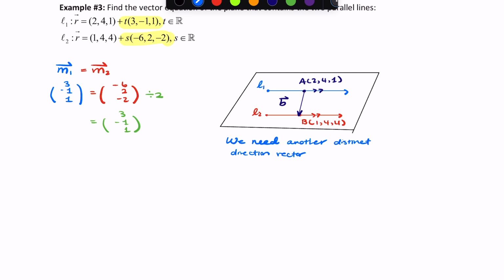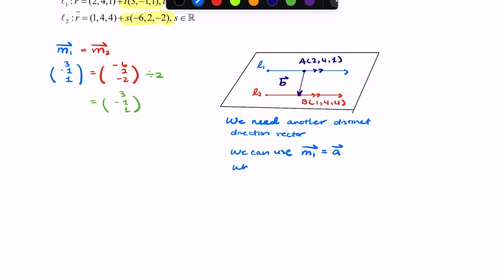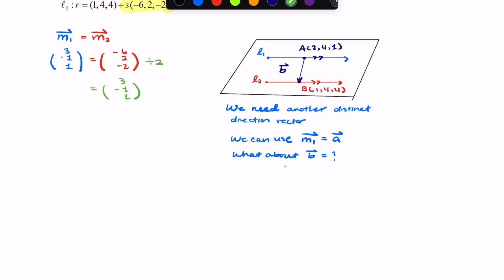And so here we can use vector m1 as one direction vector, and vector B doesn't represent anything right now, so we'll use it to represent the vector between the two given points on each line.